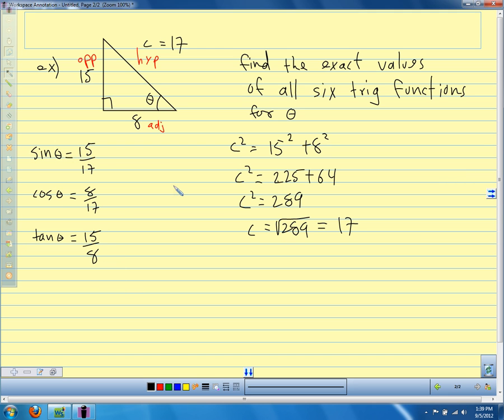And then for our cofunctions, we're just going to write the reciprocals. So the cosecant is 17 over 15. And the secant of theta, 17 over 8. And the cotangent is 8 over 15. So we found that third side and we were done. And we could do that because the Pythagorean theorem always works on right triangles.